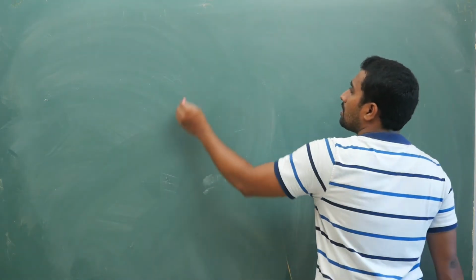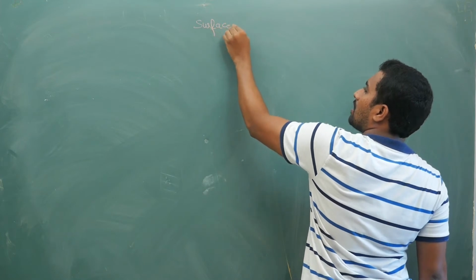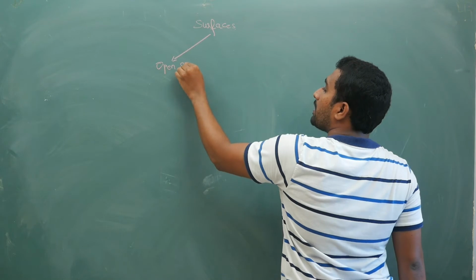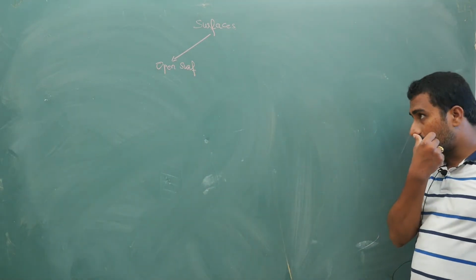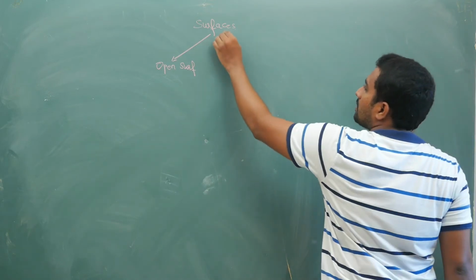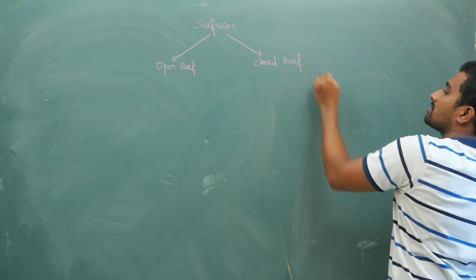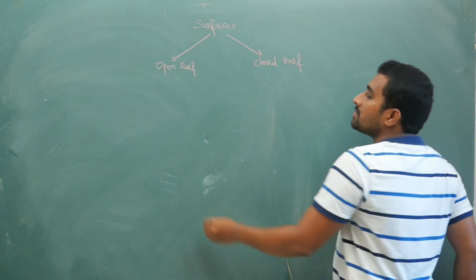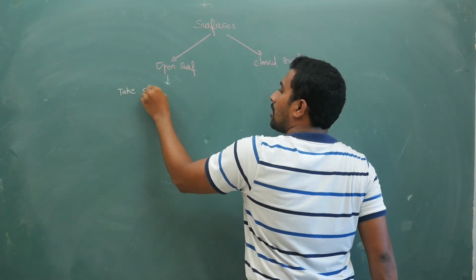So now from this story that I have explained, the conclusion is, your surfaces are of two types. One is open surface. All the figures that I have discussed so far are open surfaces. And the second type is closed surface. You have two types of surfaces, open surface and closed surface. For open surface, take any one normal.